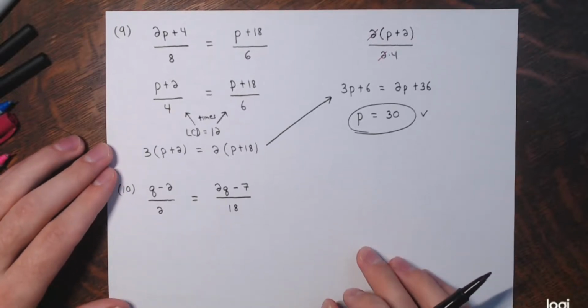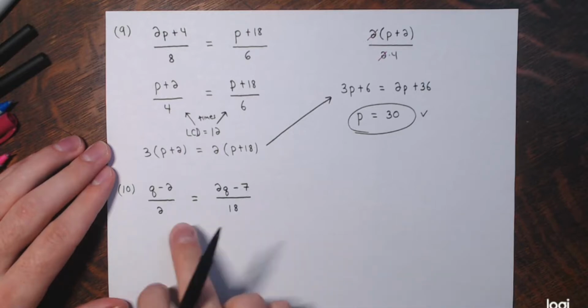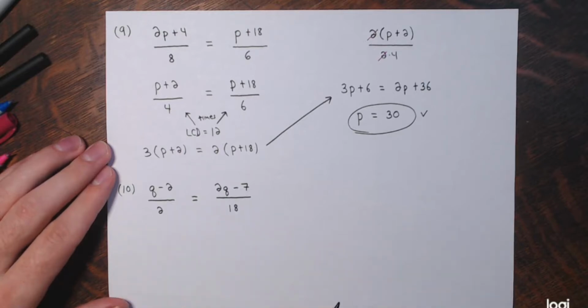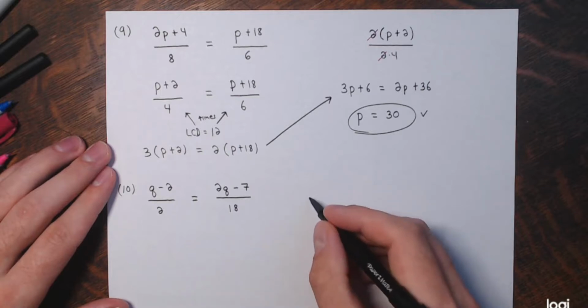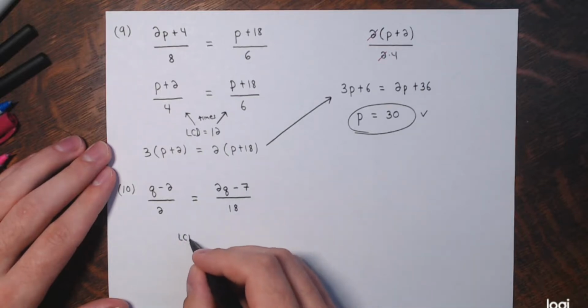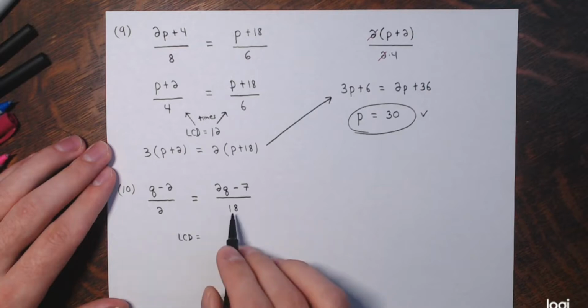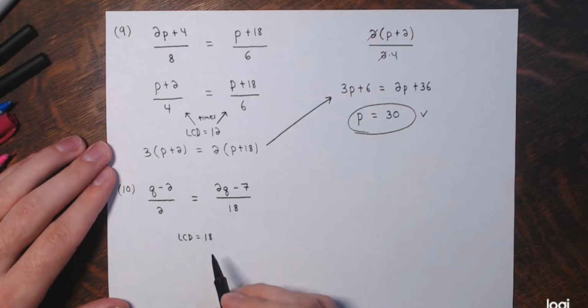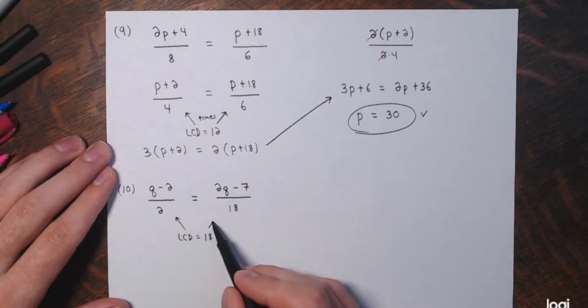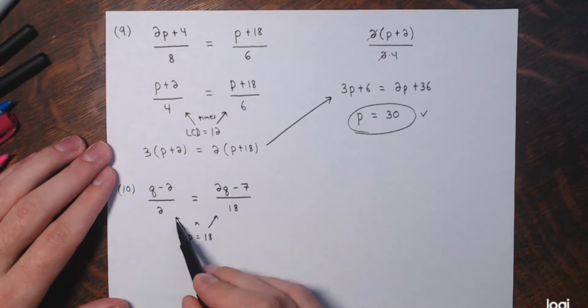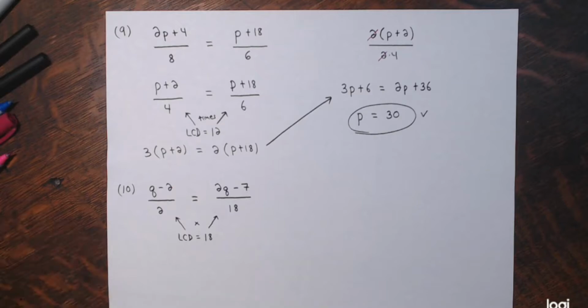All right, and then last but not least, example 10. Both sides are fractions that are already simplified as much as they can be. On the LCD, again, pretty simple. 2 goes into 18 evenly, so 18 is the LCD. And I'm going to multiply both sides by 18.